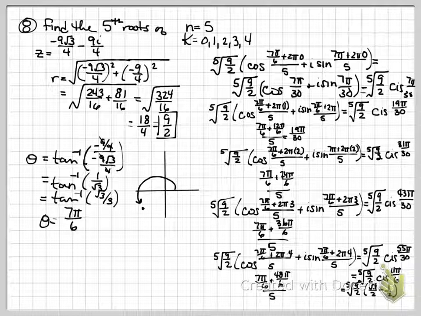Okay. So we can leave it like that, or you can do it either way. Alright? So that's it for this example. If you have questions, make sure you come to class with them.